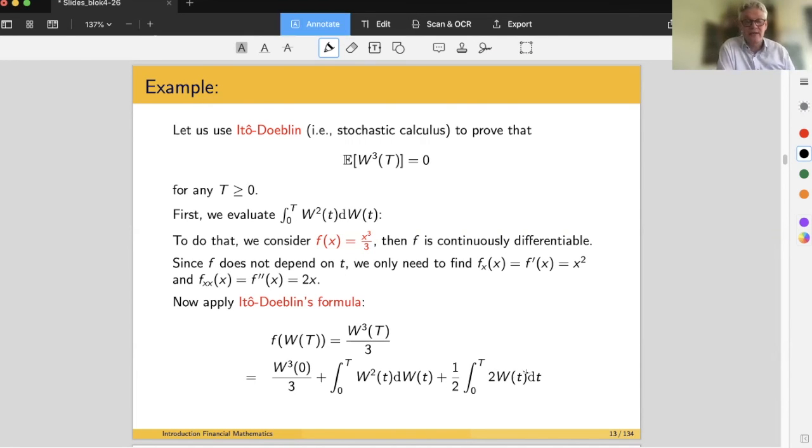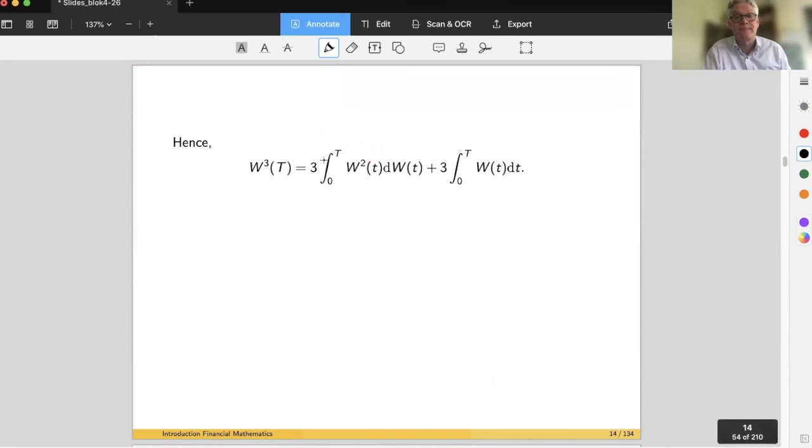And again, we can substitute all the terms that we know. So we know particularly this one is equal to 0, so this one cancels out. And then we should take the expectation, right? We look for an expected value of this. So we had W cubed over 3. We multiply left and right hand side by a factor of 3.